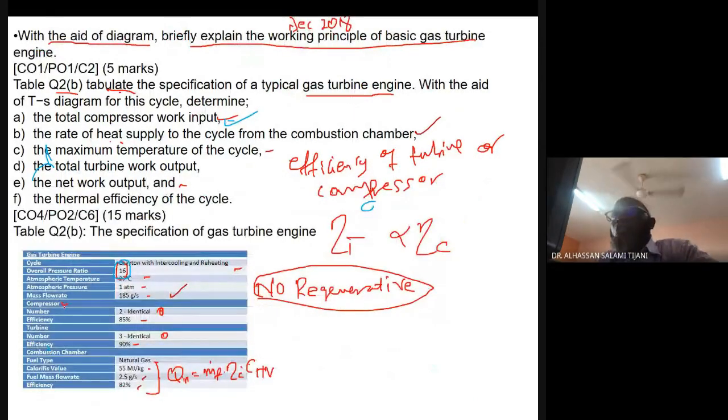Yes, the net work output of the cycle, part E. Net work output equals the total turbine work output minus the compressor work input. And then we need to determine the thermal efficiency like this.